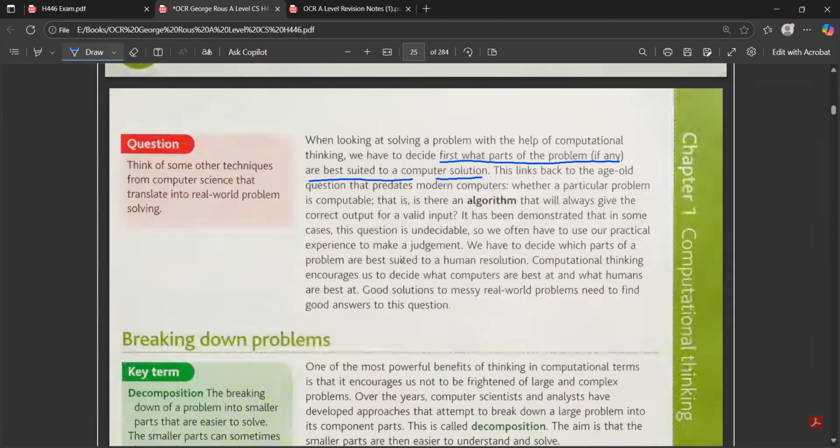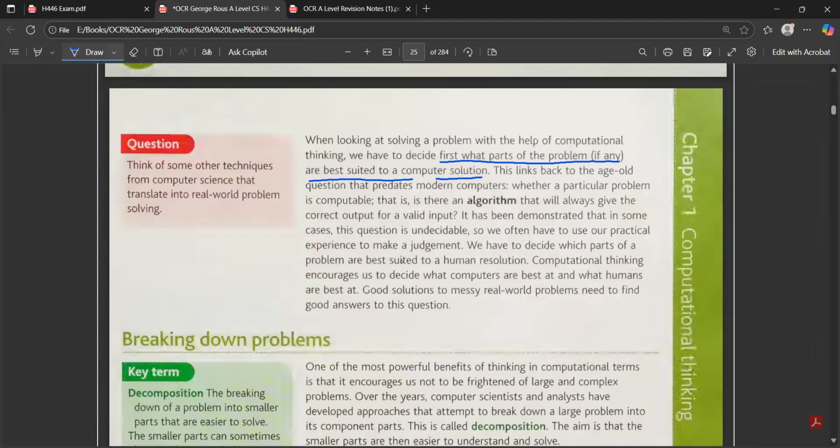This links back to the old problem, a question that predates modern computers, of whether a particular problem is computable or not, that is, whether there is an algorithm that will always give the correct output for a valid input. It has been demonstrated that in some cases the question is undecidable. You are not always sure that the algorithm will give the correct output for a valid input, so you have to make your judgments and use some practical approach.